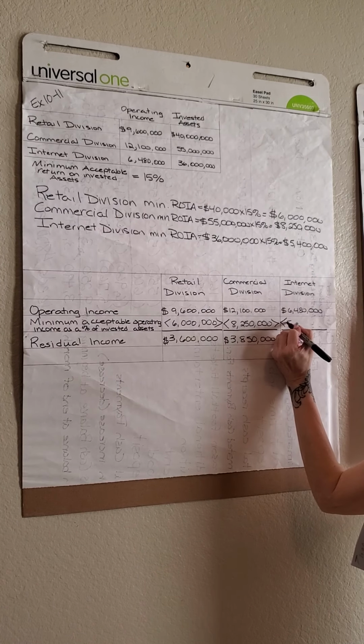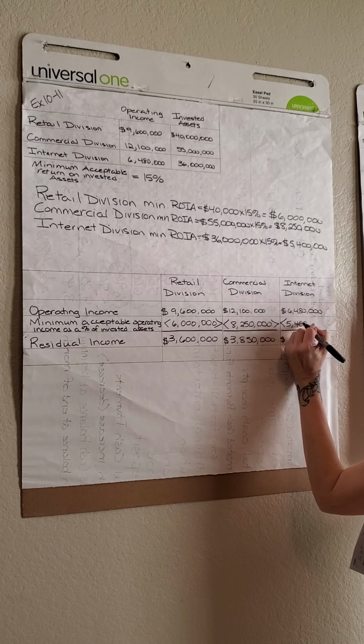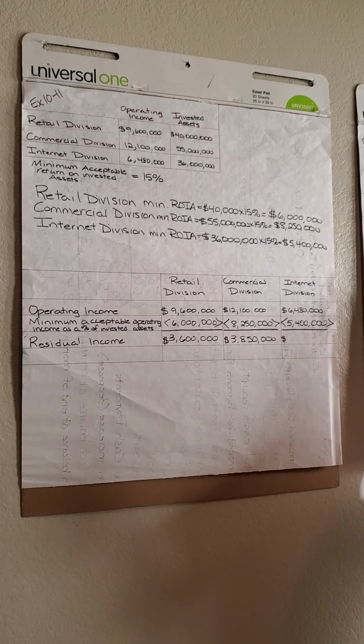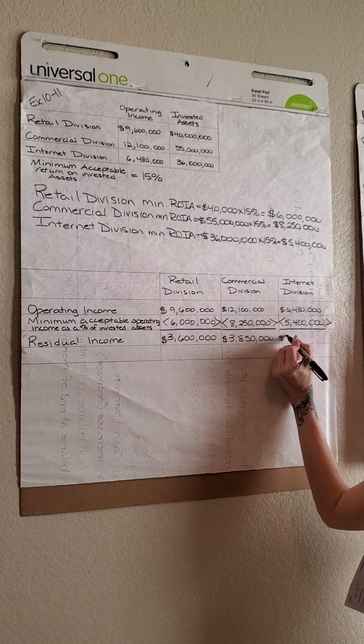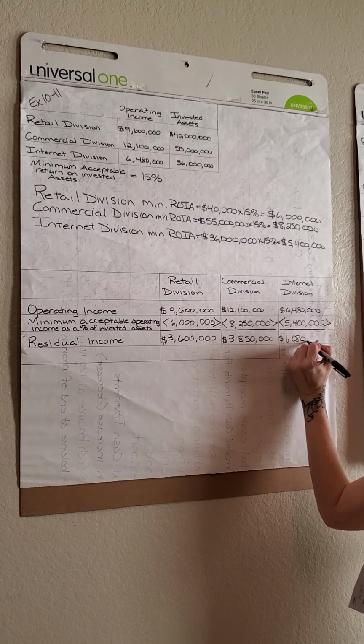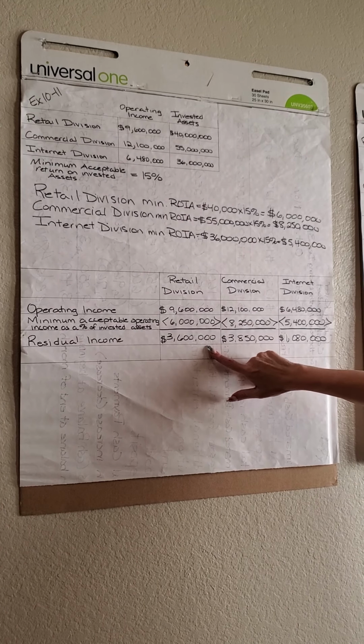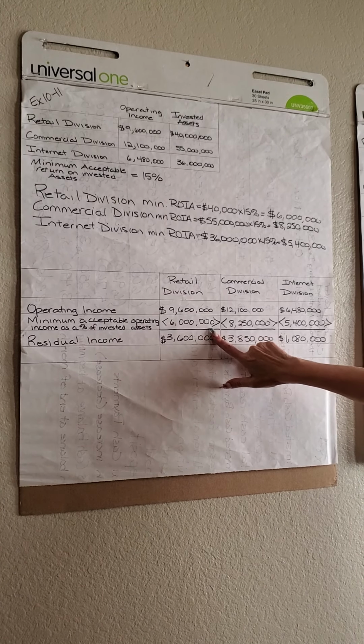So here we've got $5,400,000, and so that's going to give us a residual income for the internet division of $1,080,000. So again, residual income is the amount that we have left over above our invested assets.